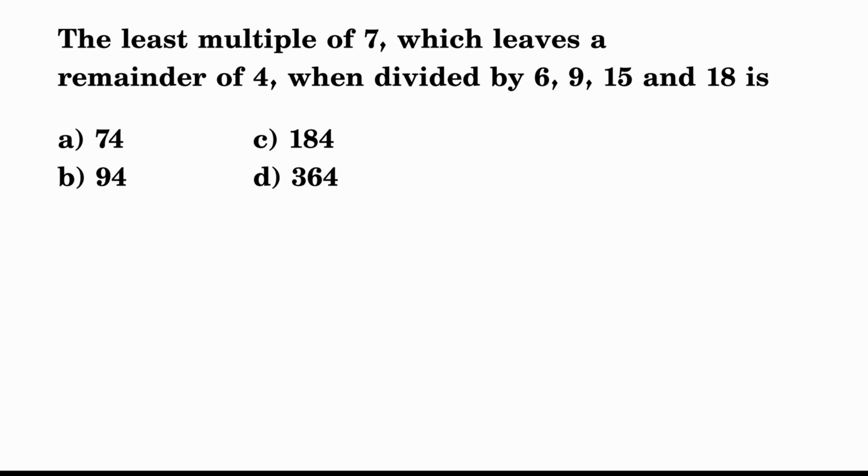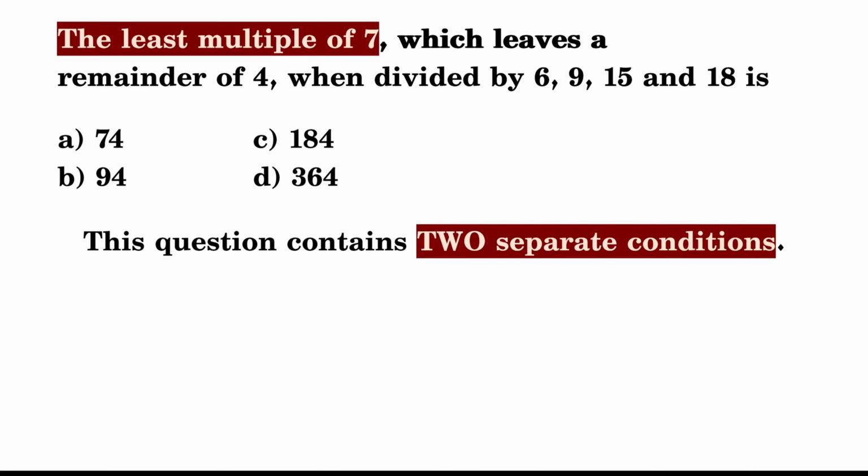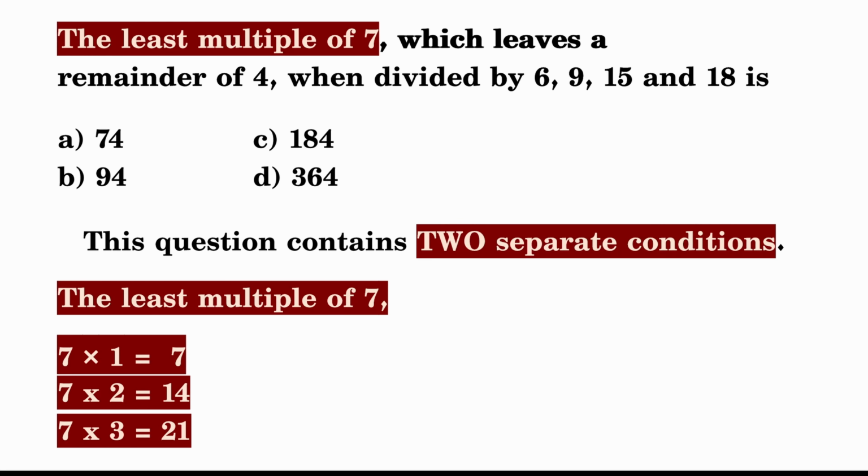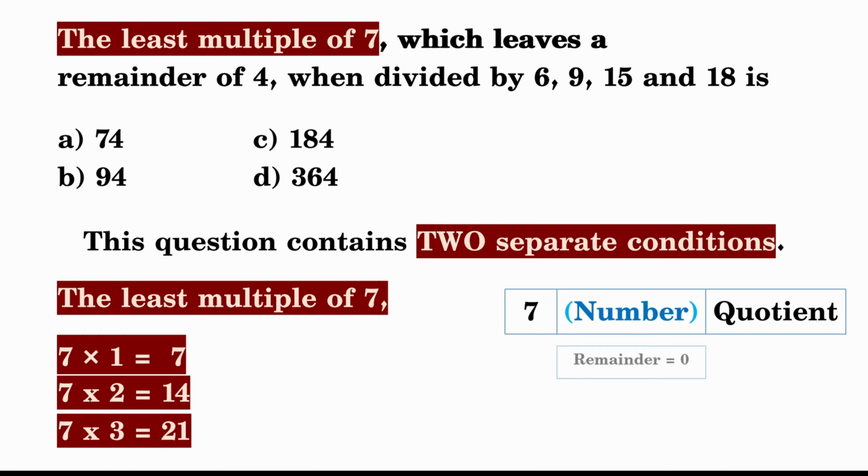But first, I want you to take a look at this question because it contains two sets of conditions, meaning two separate conditions. The first one is the least multiple of 7. So the question is asking us to find the least multiple of 7. What that means is that we need to find a number that divides exactly evenly, so that it does not leave any remainder.